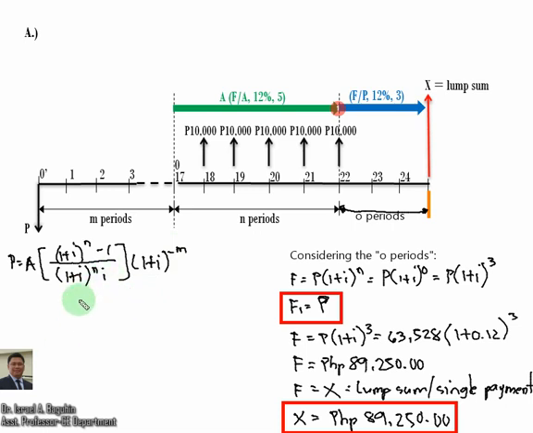Actually, this is the formula we have just discussed in getting the value of P given the two periods m and n.